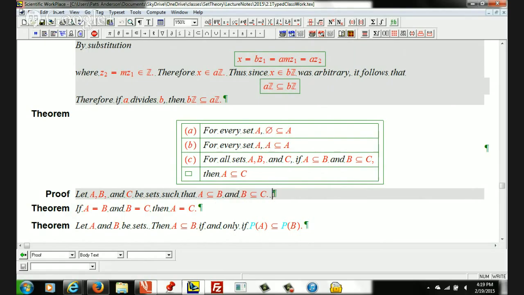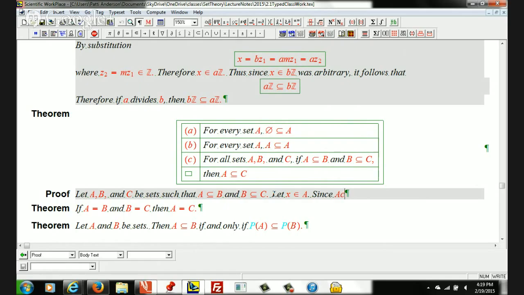What is the rest of the hypothesis? Let X be an element of A. Let me turn that into a red element. Now apply what we know.